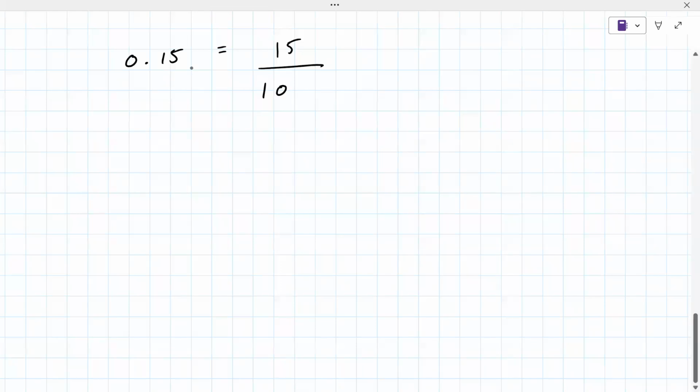So it ends up being 15 over 100. Now this is where you have to reduce the fraction. Do you remember at all how to do that? Yeah. Don't we use like prime numbers? Yeah, so you start with 2, 2 doesn't work, 3, and then 5. 5 does work.